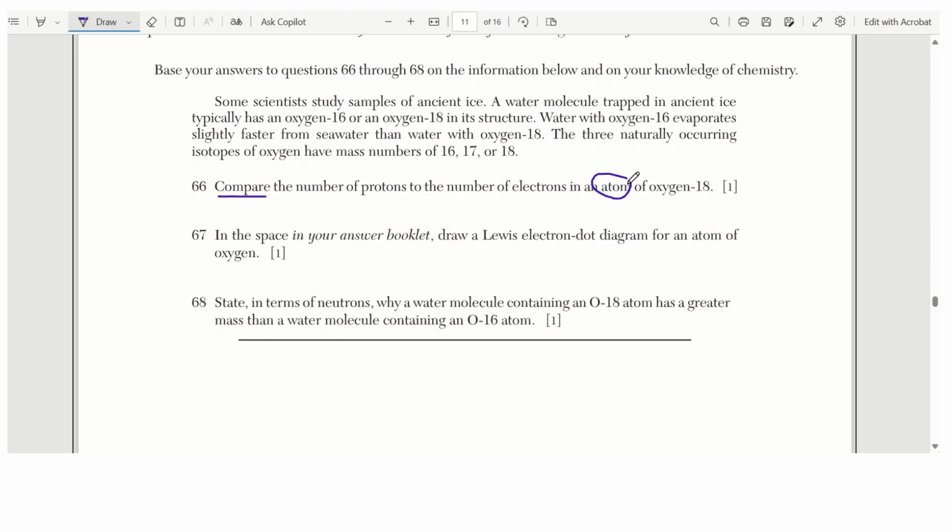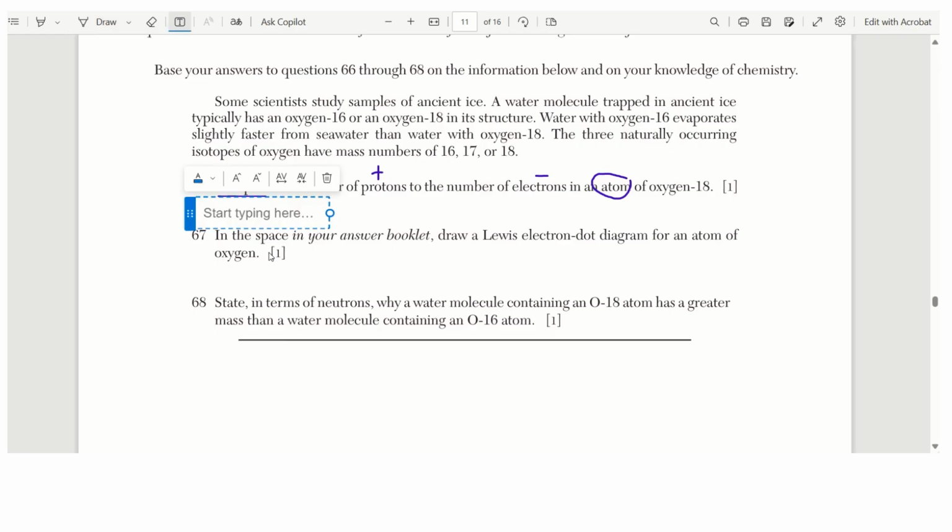If it is an atom, it is neutral, right? And since protons are positive and electrons are negative, the number of protons and electrons must be equal. So the number of protons and electrons must be equal in atoms. That's just the rule.